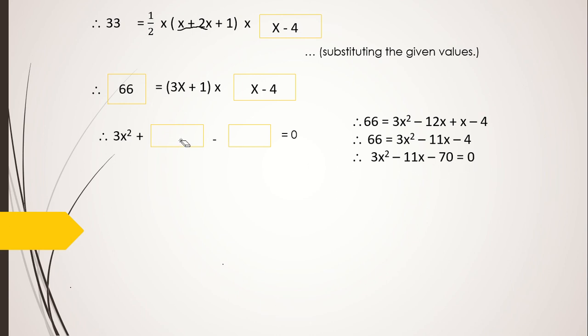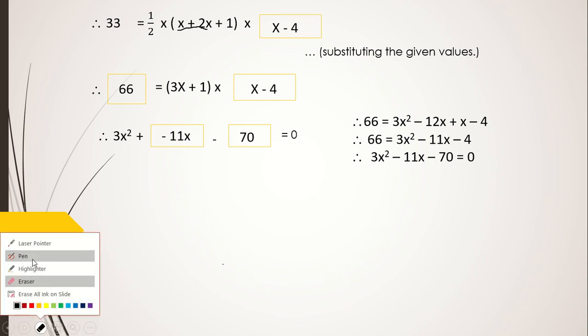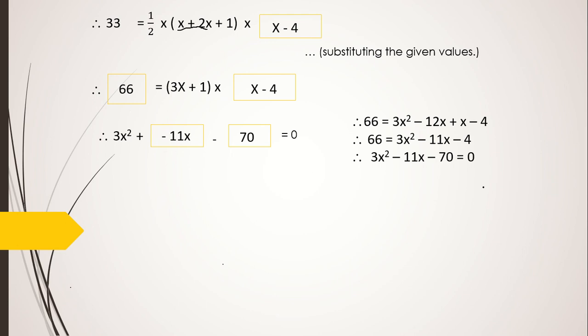Now we have to factorize. 70 multiplied by 3 is 210. Now we have to factorize 210 in such a way that after subtracting, since this sign is minus, I should be getting 11.